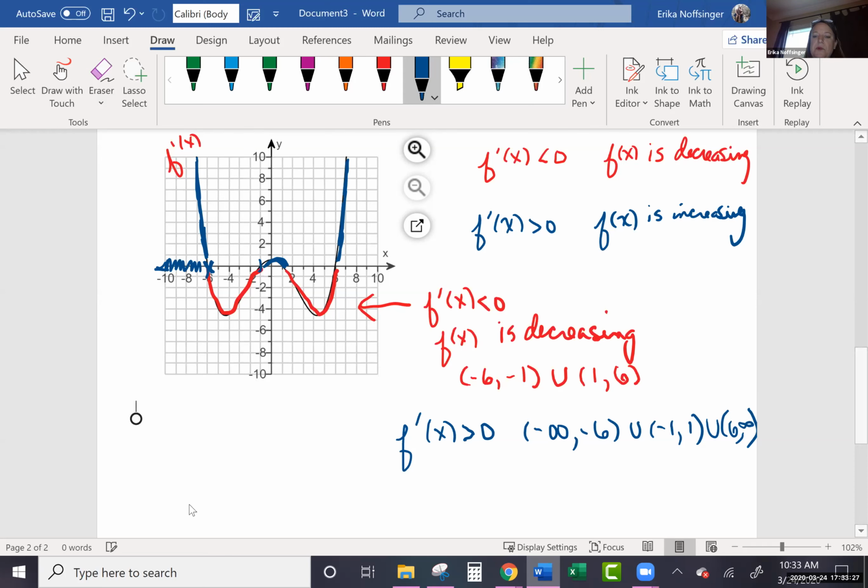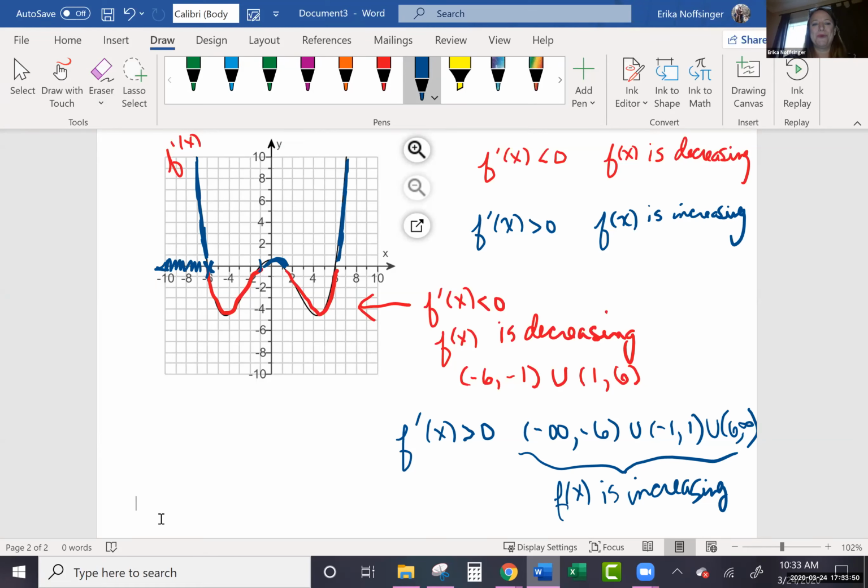And so this is where f of x is increasing. The key on that again was noticing that you were looking at the derivative function and not the original function.